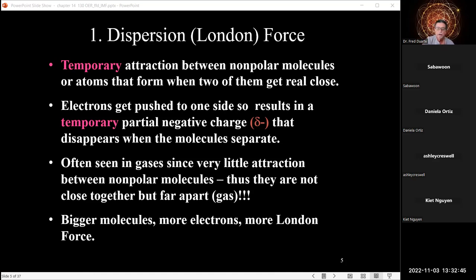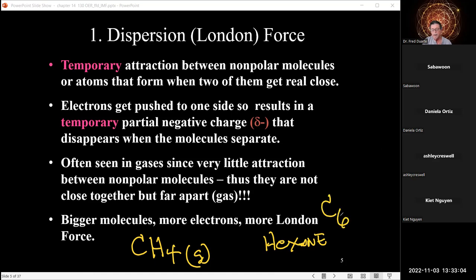For example, we have methane, which is the smallest hydrocarbon that there is. We know that methane is a gas. Now, hexane, which is C6H14, I believe.